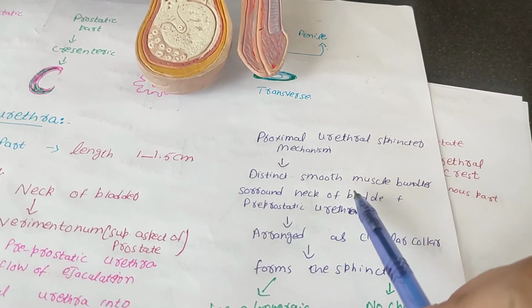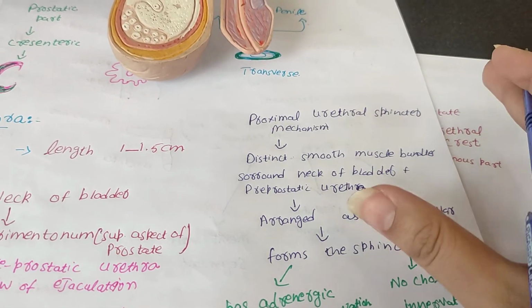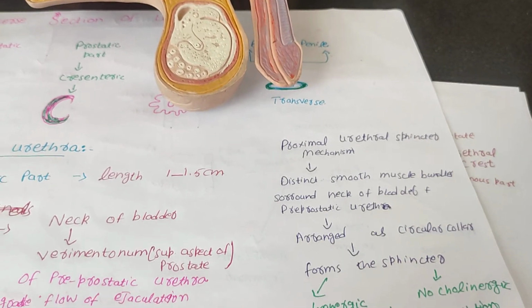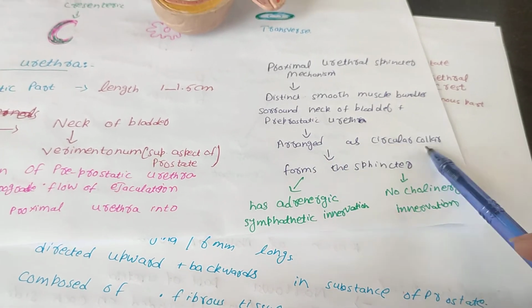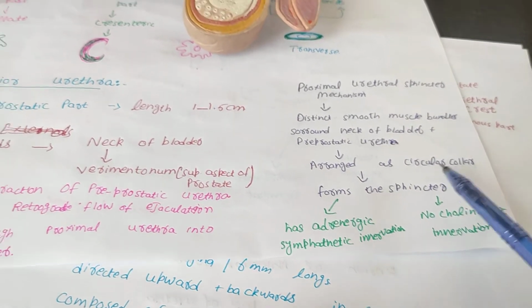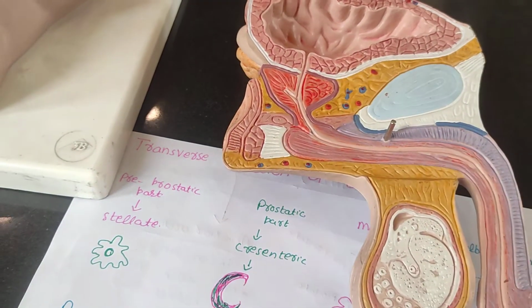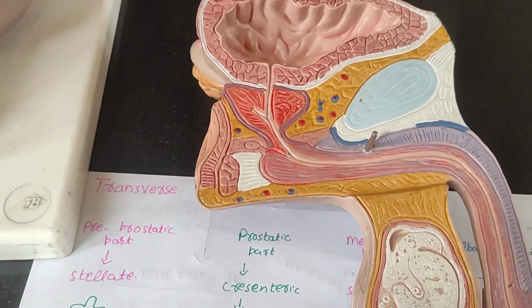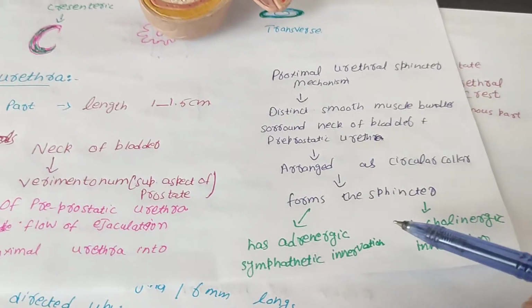So these distinct smooth muscle bundles surround the neck of the bladder and the pre-prostatic urethra. They will be arranged as a circular column, and they will form a sphincter. That will be known as the proximal urethral sphincter, and that will act as a proximal urethral sphincter mechanism. And how does it act?